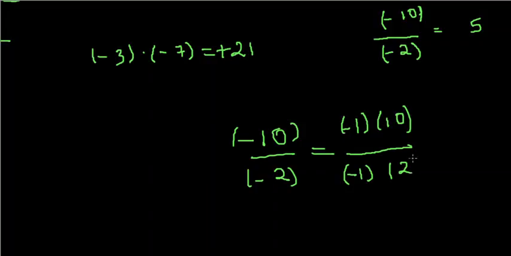When you have any number divided by itself, it is just equal to 1. So I'll cancel this out, and that would leave 10 divided by 2, which is 5. And I hope you learned something.